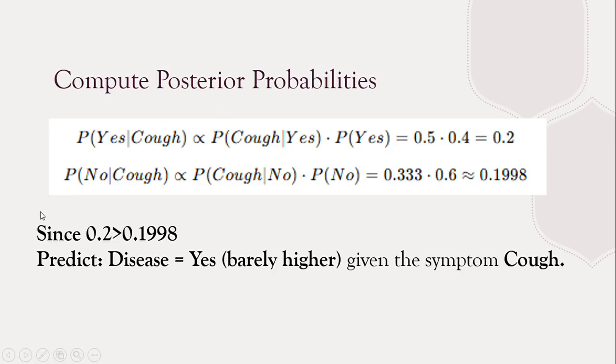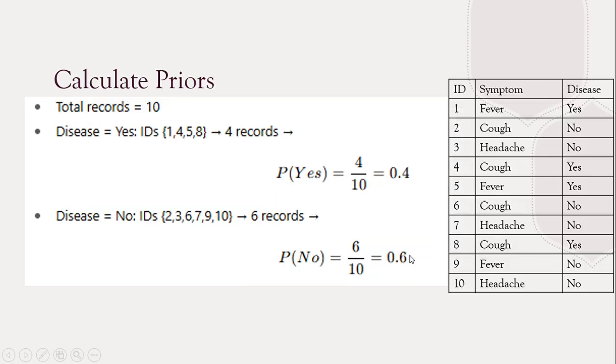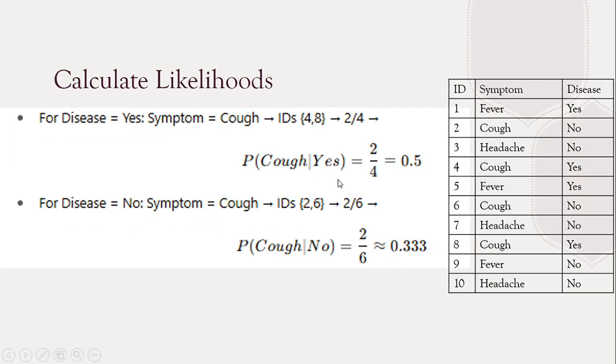Similarly, probability of no given cough, instead of equal to, I said assume, it is probability of cough given no into probability of no. We can calculate it easily because probability of cough given no we have already calculated. So probability of cough given no is 0.33, and probability of no also we have already calculated, which is 0.6. So prior and likelihood we have already calculated.